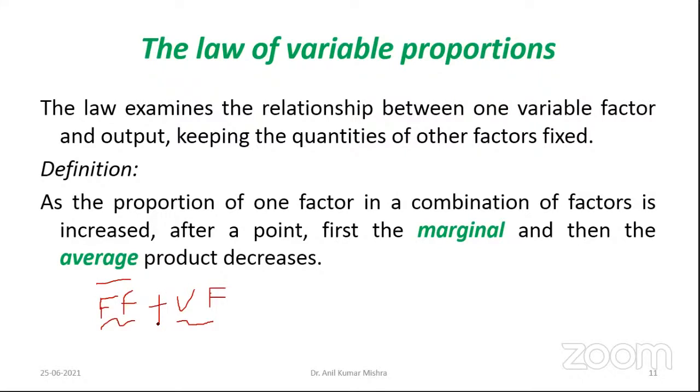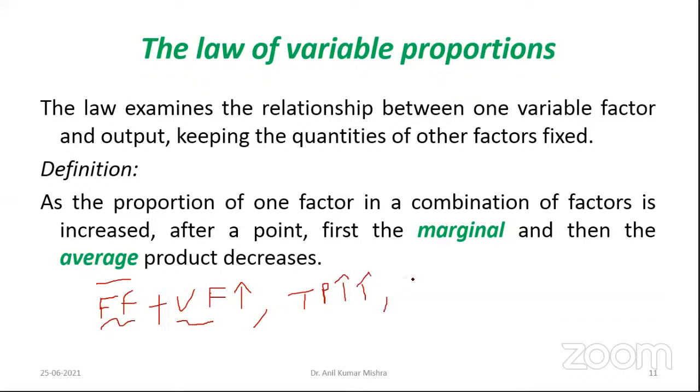Then what does the definition tell us? When the variable factor increases and the fixed factor remains constant, the total product first increases at an increasing rate.